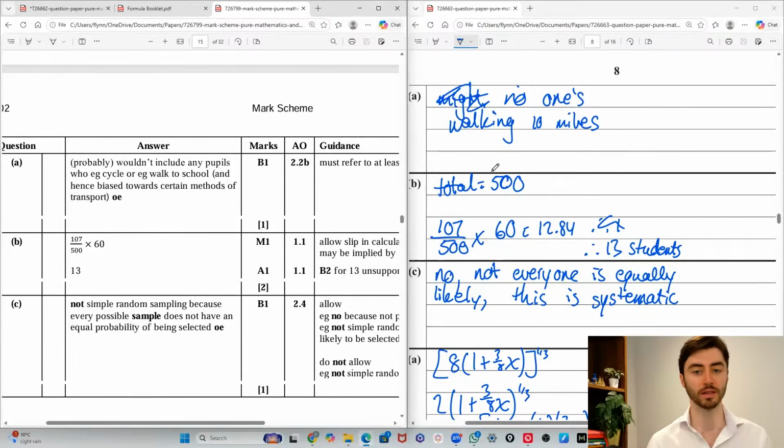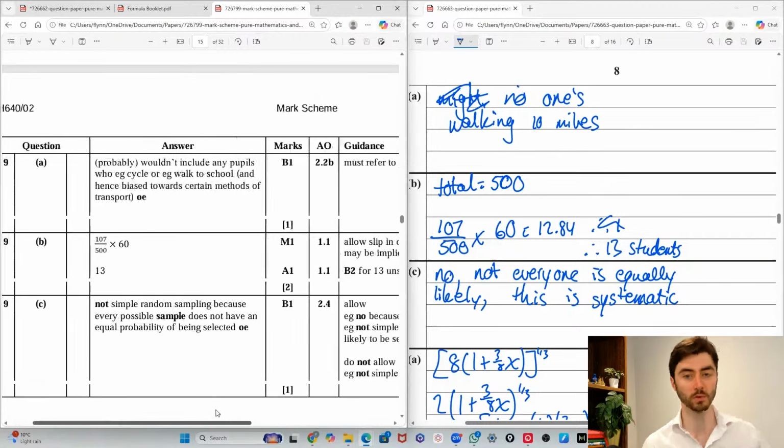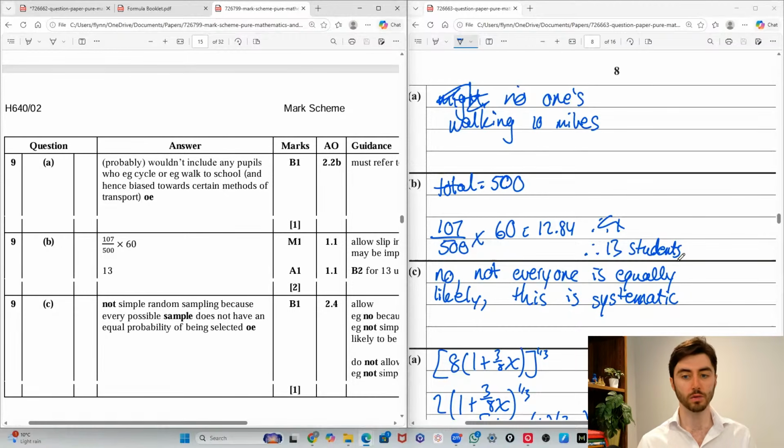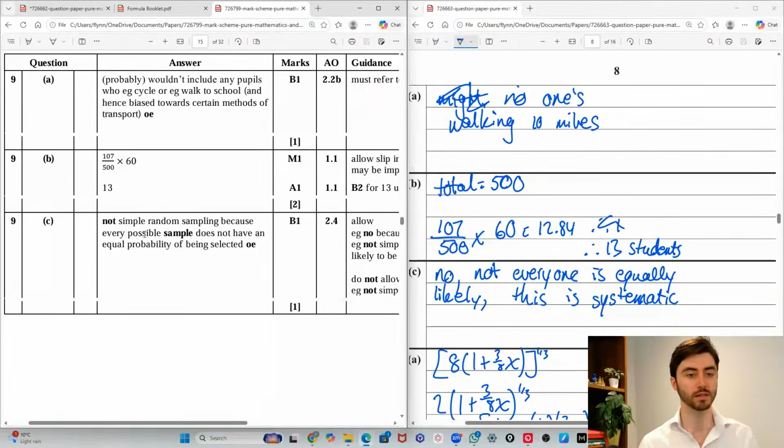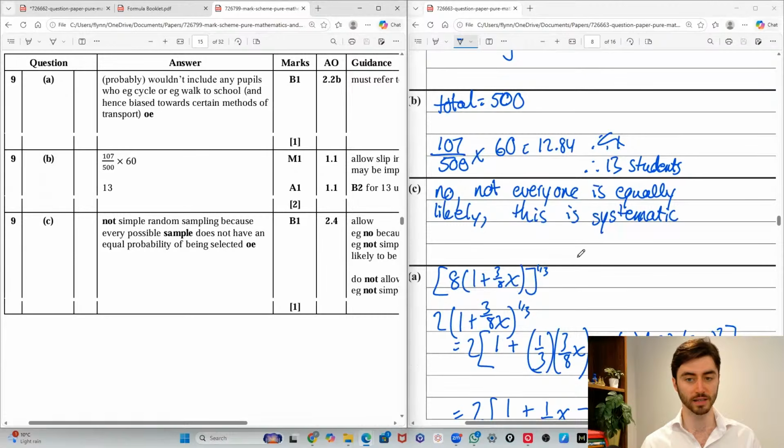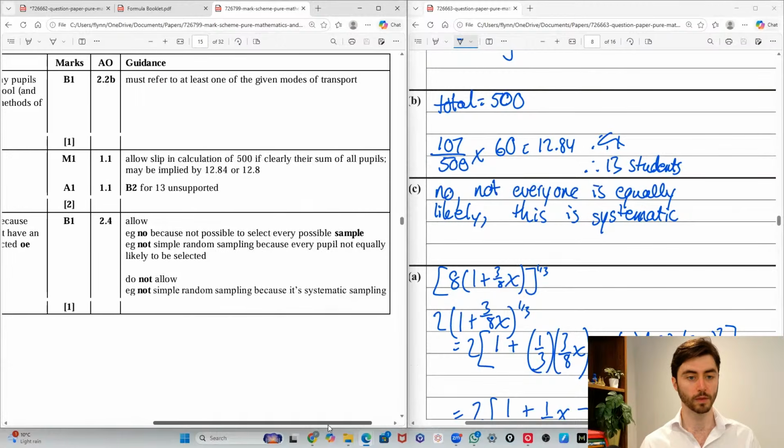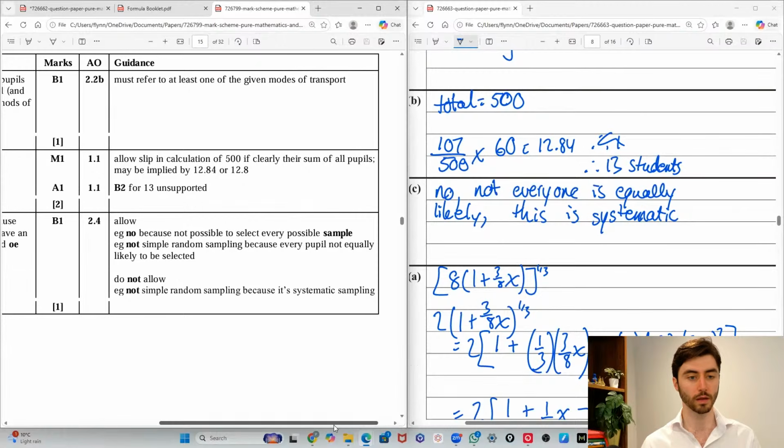Must refer to at least one of the given modes of transport. Yeah, no one's walking. Cool. So 13 students is correct. Not simple random because every possible sample does not have an equal probability of being selected. So don't allow systematic.